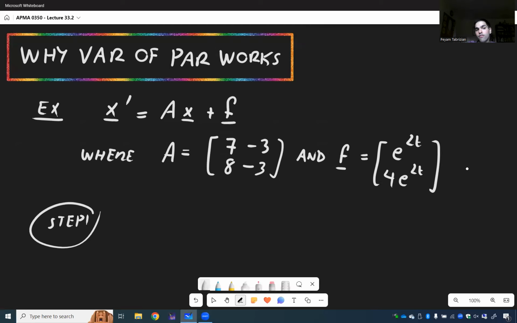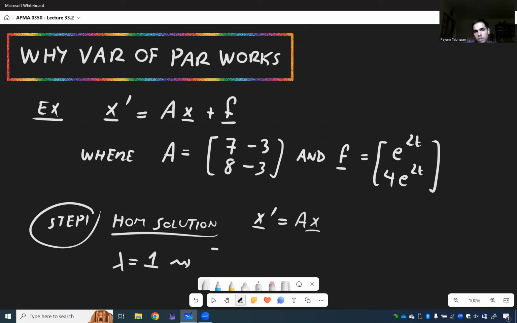And once again, the first step is to consider the homogeneous equation, a homogeneous solution, which we found. So we had to solve x prime equals Ax, and we found two eigenvalues, lambda equals 1 with eigenvector 1, 2, and lambda equals 3 with eigenvector 3, 4.